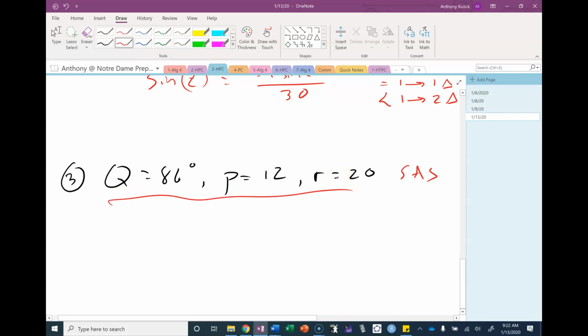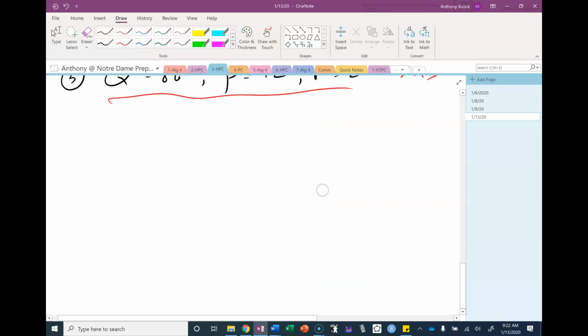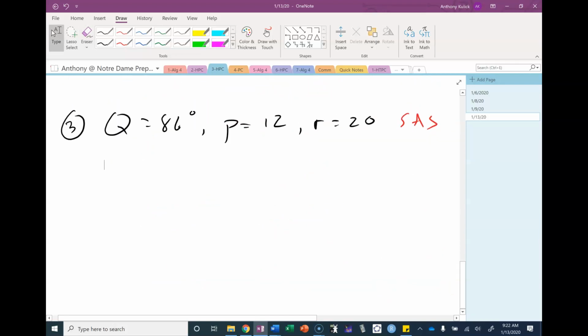So if all these letters are different, it's side angle side. Even if you have 2 sides and an angle, if all the labels are different, then it's side angle side. If one of the labels is the same, like we had up here where we have X and X, then it's side-side-angle. Okay? All right. So first thing I'm going to do is solve for side Q using the law of cosines.